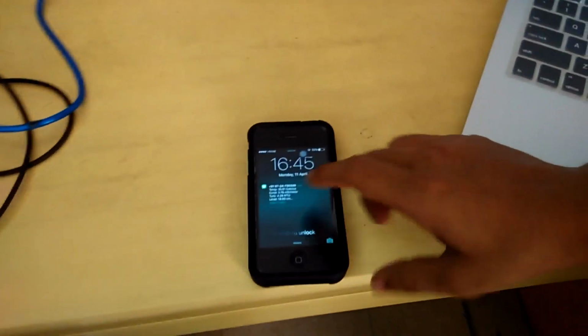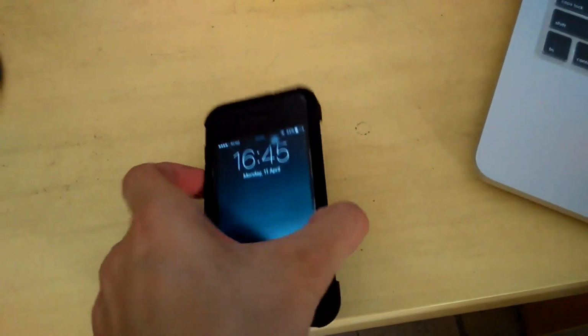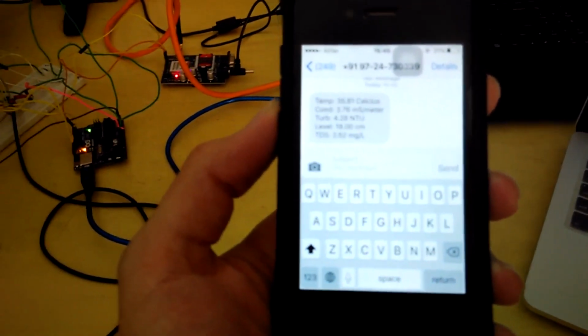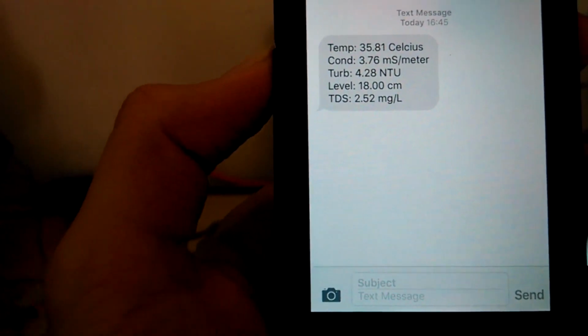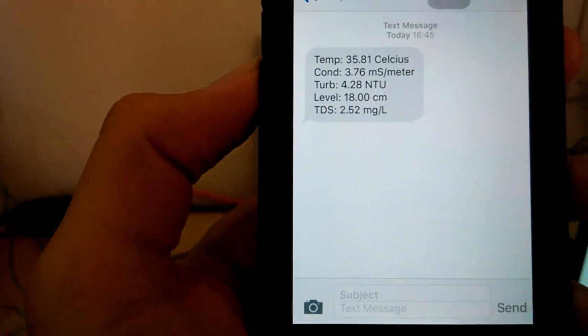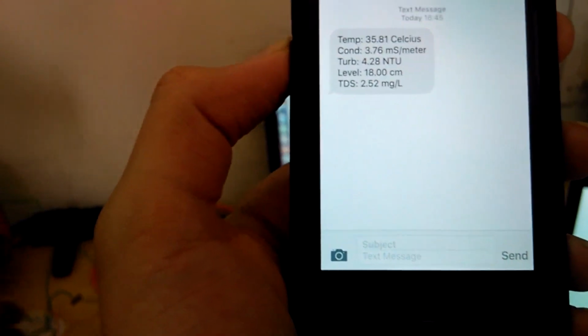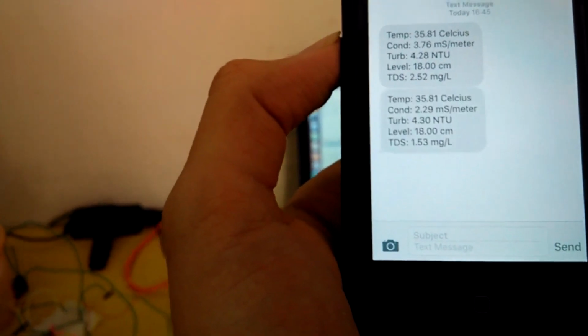There we are. So we have prepared a string, and we can read: temperature 35.81 Celsius. Clearly summer has arrived. Turbidity 4.28, so I suppose we are using dirty water.